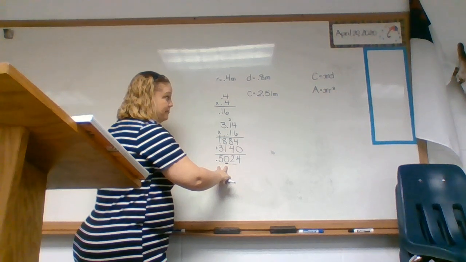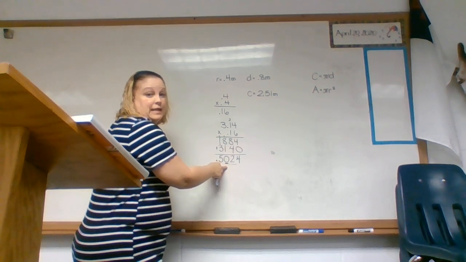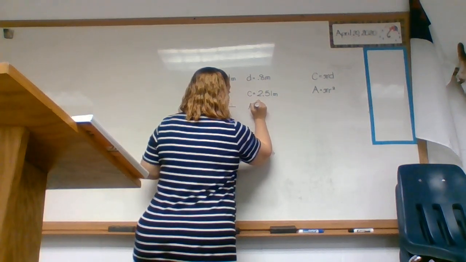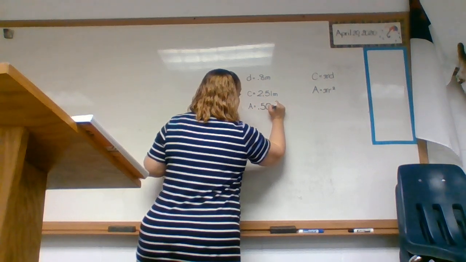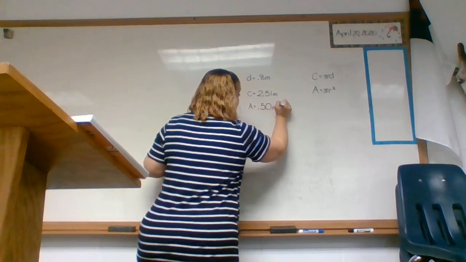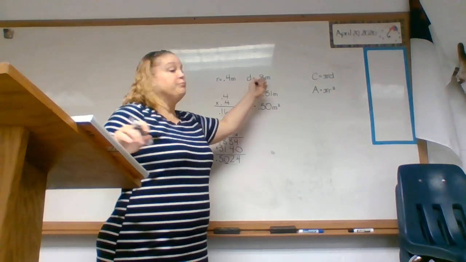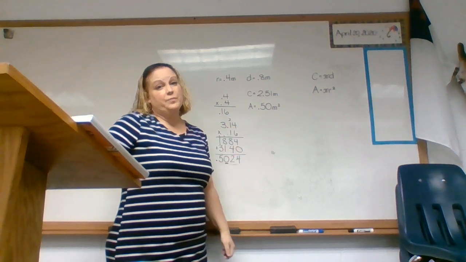Now, I can put 0.50. I could also put 0.5 because we don't need that 0, so it is up to you. Although they've asked for the nearest hundredth, and because it's area, you do need to remember that it's square meters.